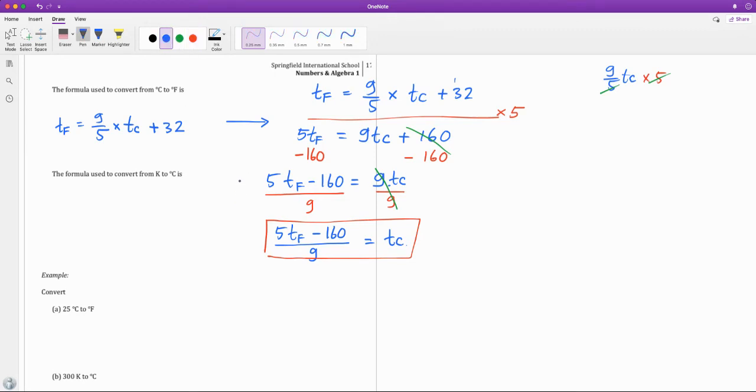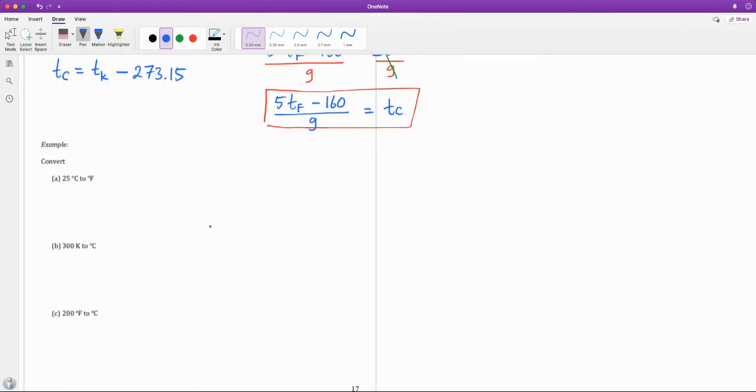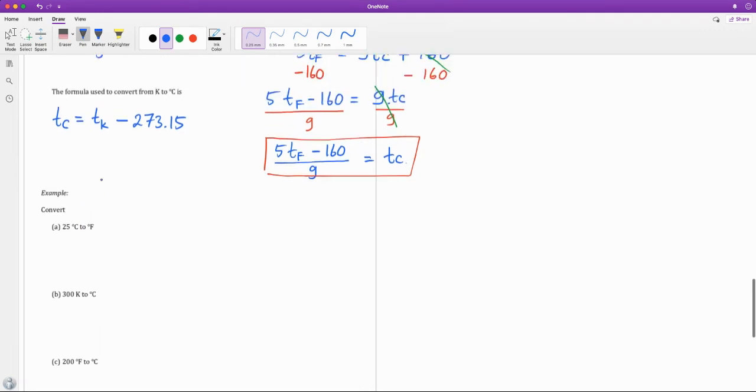Let's move on to the next formula, to convert from Kelvin to degree Celsius. Temperature in Celsius equals temperature in Kelvin minus 273.15. That's the only formula you need to remember. The first example, 25 degrees Celsius to Fahrenheit. From Celsius to Fahrenheit, we need to use the formula above.